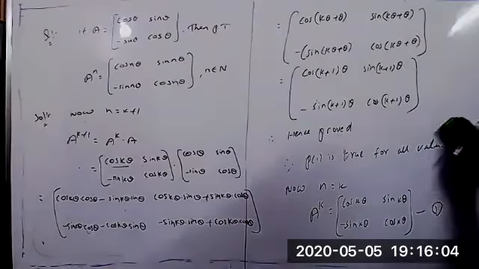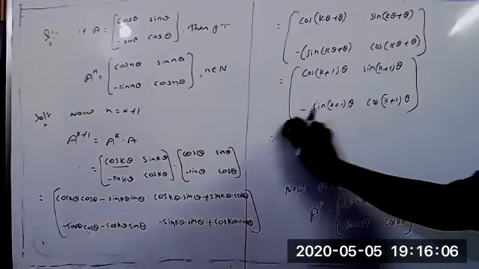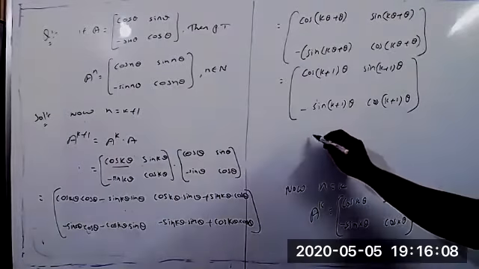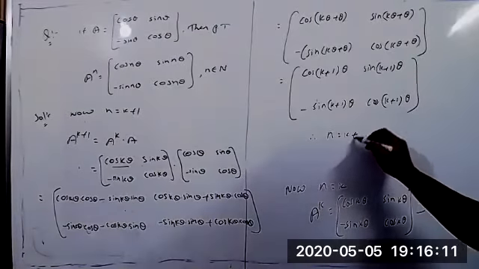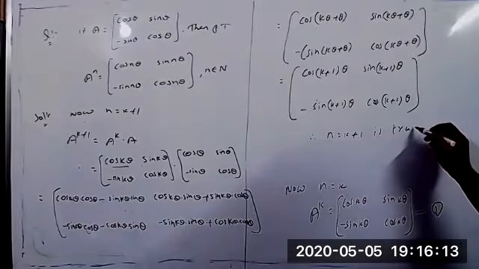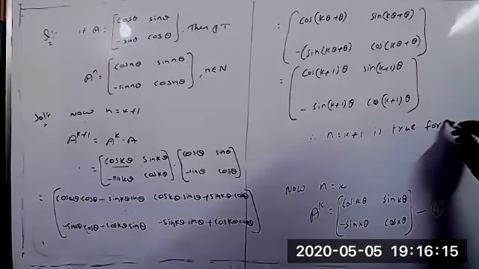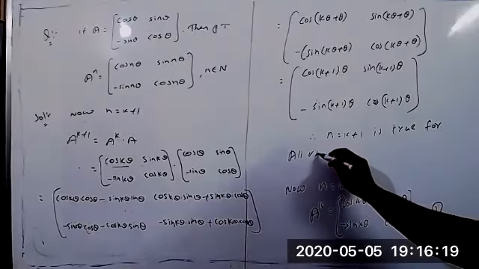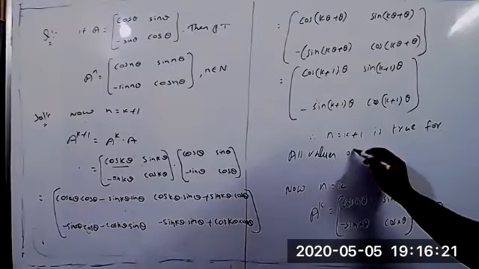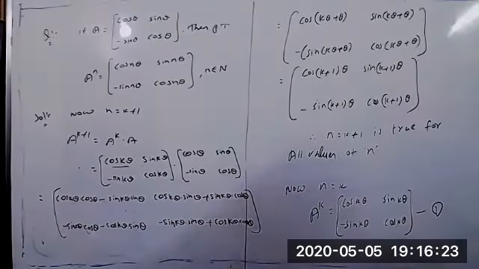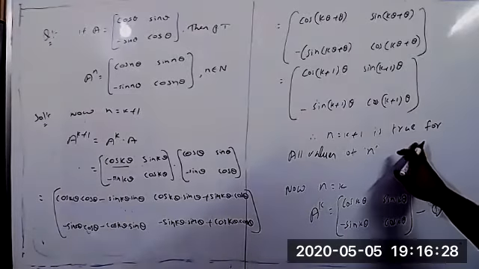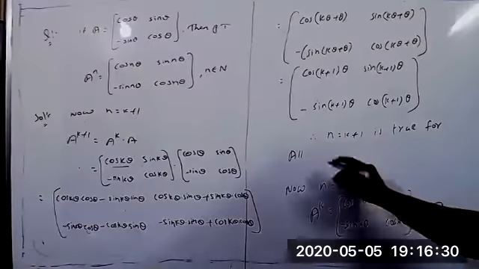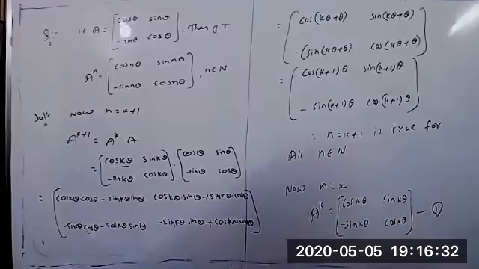If you want to clarify more clearly, you can write the statement: so therefore n equal to k plus 1 is true for all values of n, the positive values of n only. So it is true for all n belongs to natural numbers, you can write now.